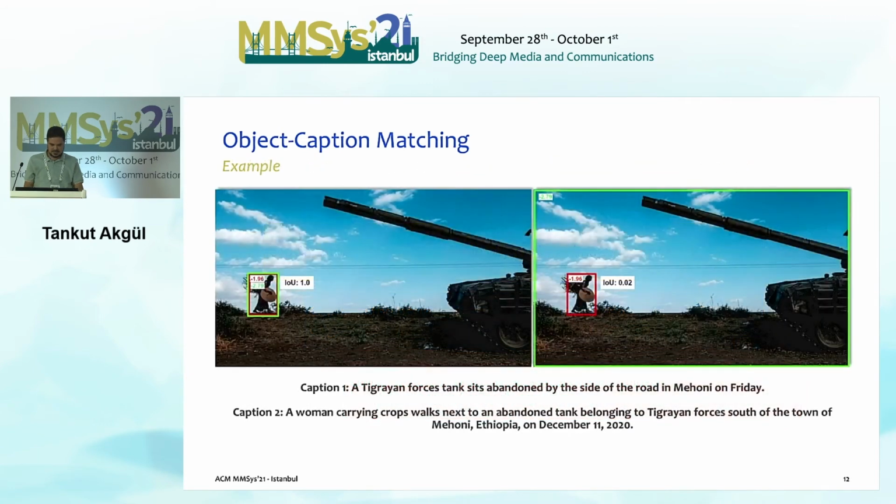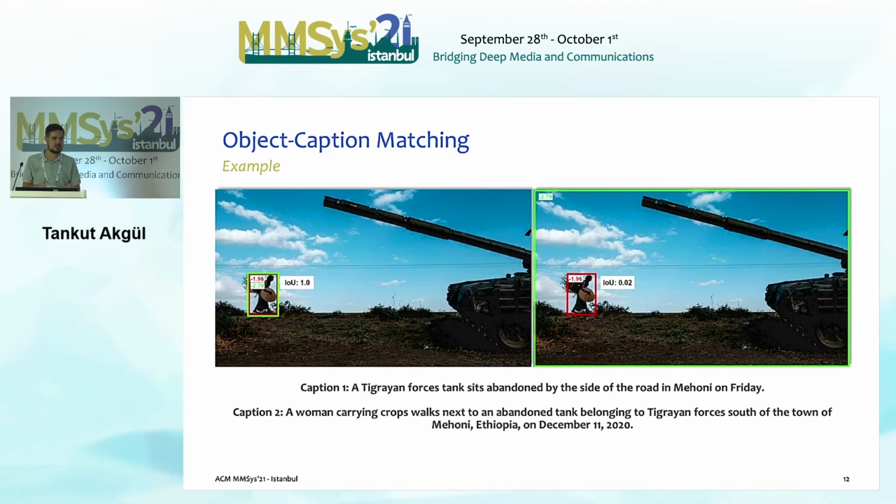And here's an example of that. Cosmos originally thinks that this sample is out of context because the captions have different meanings, they are not semantically similar, and they talk about the same object in the image. That's the woman carrying that bag there.